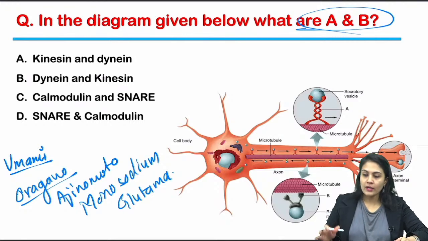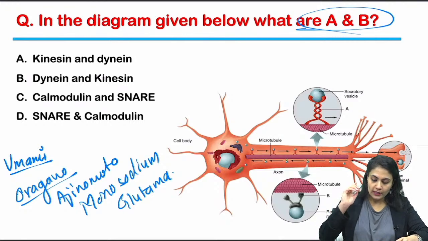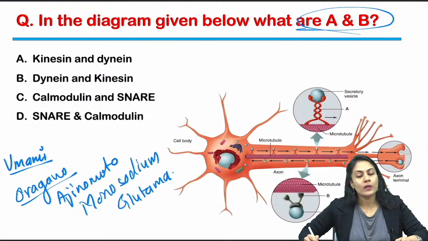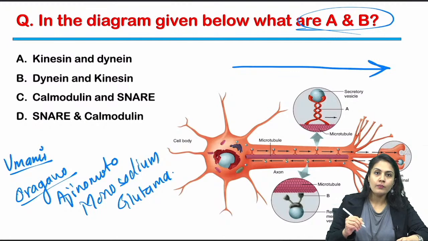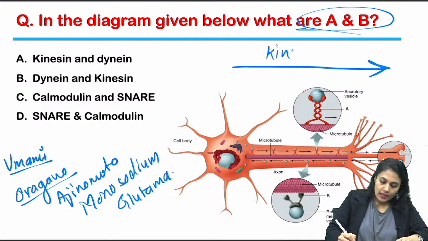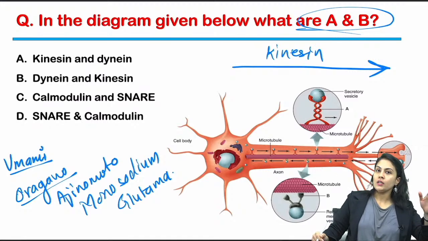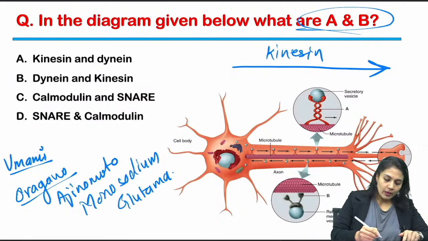Fine. All of you gave me the correct answer. So they are asking about the axoplasmic transport over here. If it is going towards the terminal, it is going to be the kinesin. And if it is coming back towards the body, it is the dynein. How to remember dynein?